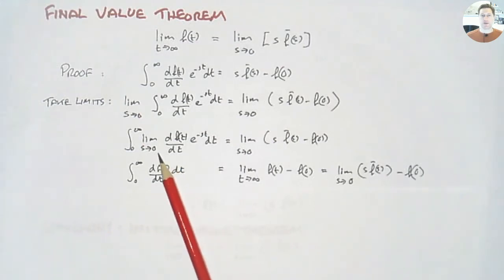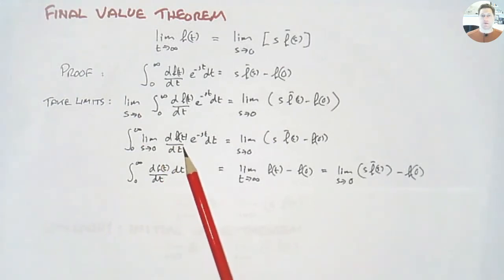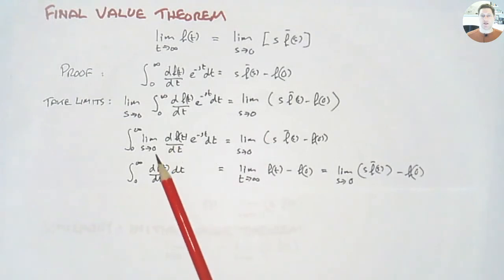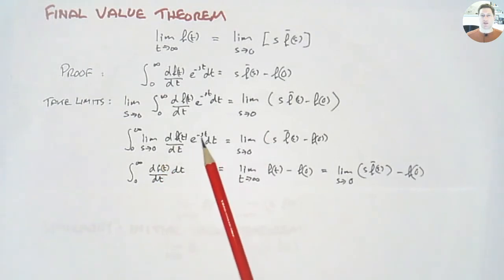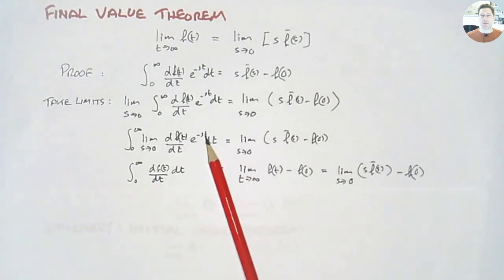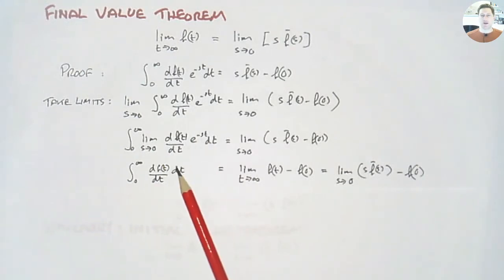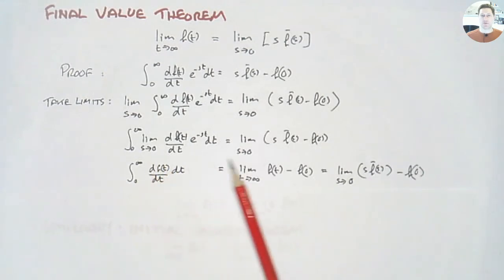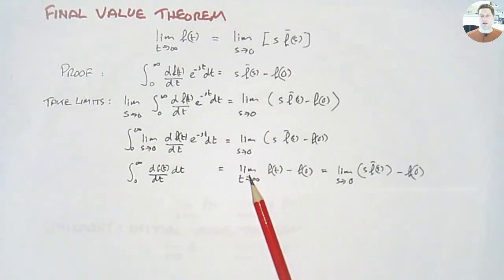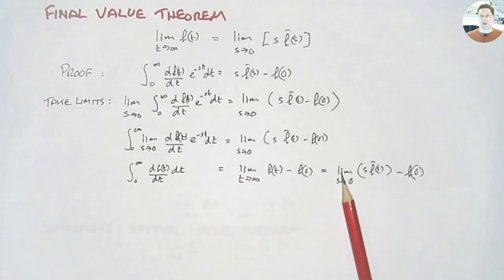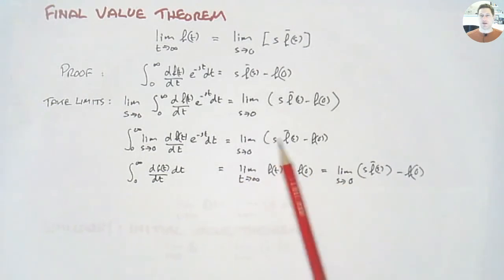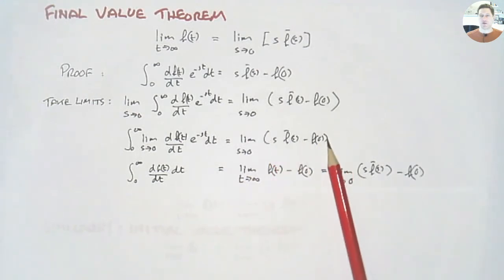Okay, what happens? Well, df by dt, that stays here. But now we've got the limit as s tends to 0 of e to the minus st, that's equal to 1. As s becomes 0, that will be equal to 1. So that term reduces to this. And here we have separated these two parts, taking advantage of the linearity of the Laplace transform.